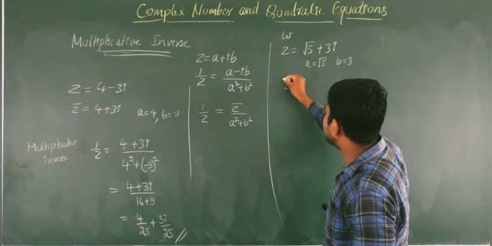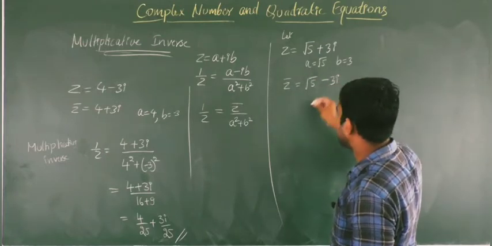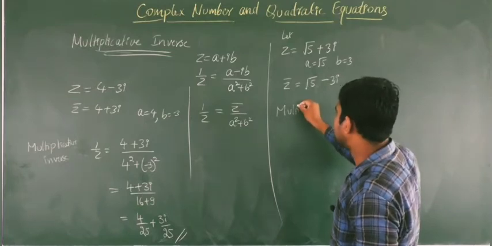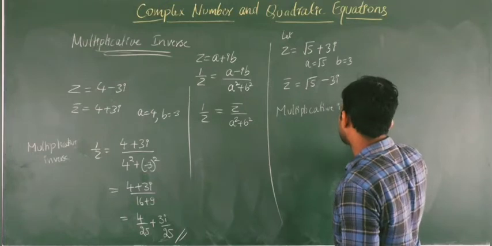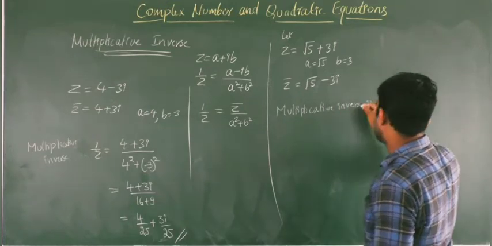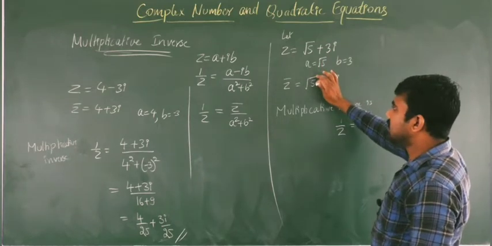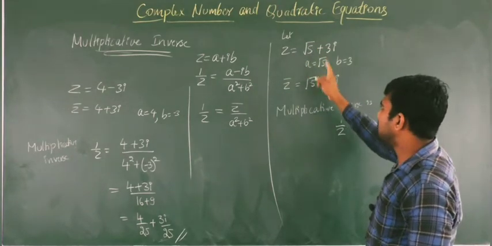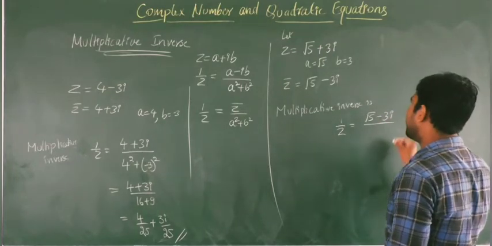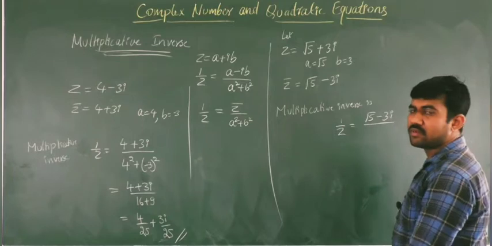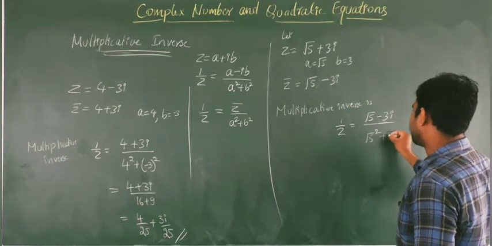Okay, after that write z bar: root 5 minus 3i. So the multiplicative inverse is 1 by z, which is equal to the numerator, nothing but the conjugate of the given complex number, that is root 5 minus 3i, divided by the denominator, which is nothing but a square plus b square, so root 5 square plus 3 square.